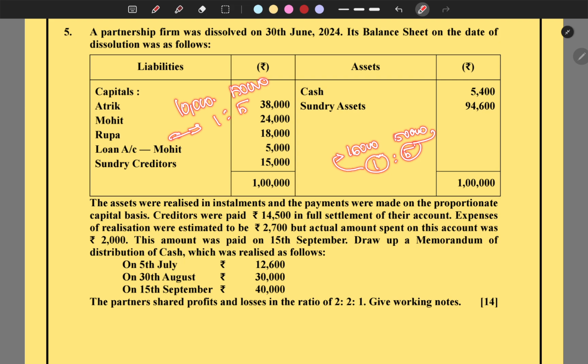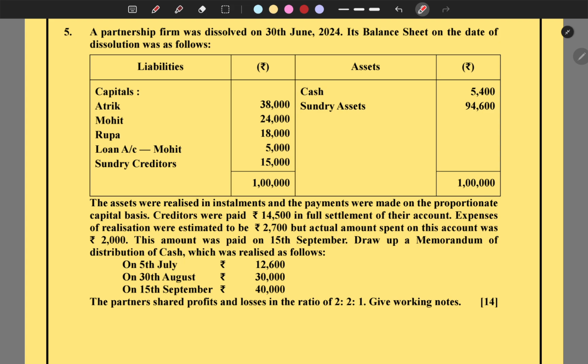What I mean is that I am paying 5,000 extra capital, but I am not getting anything in return. So what the higher relative method says is that the first 5,000 should be paid first, and then we should touch the second partner, who has 50,000. That's what the higher relative capital is.